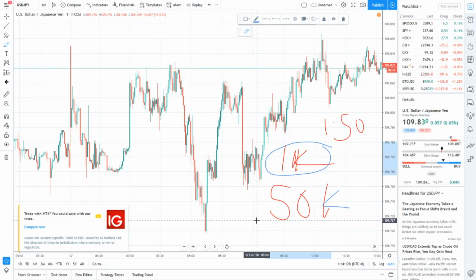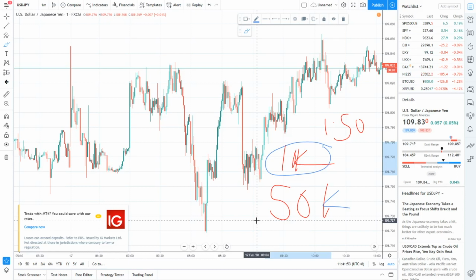This leverage is very important in the sense that it can give you a lot of profit, and it can even turn against you. That's why we call leverage a double-edged sword. If you use it properly, it can give you a lot of profit, but if you use it very badly, you might end up losing a lot of money. So that is leverage.